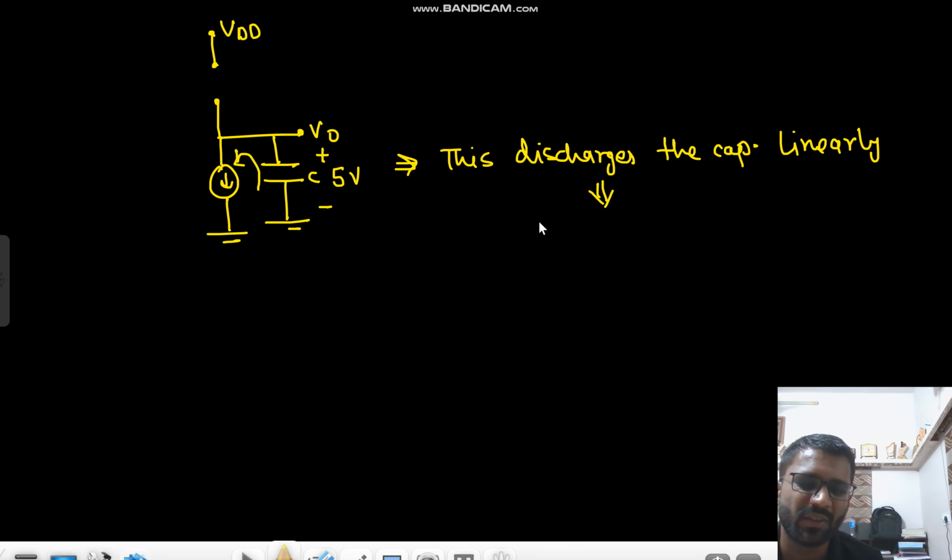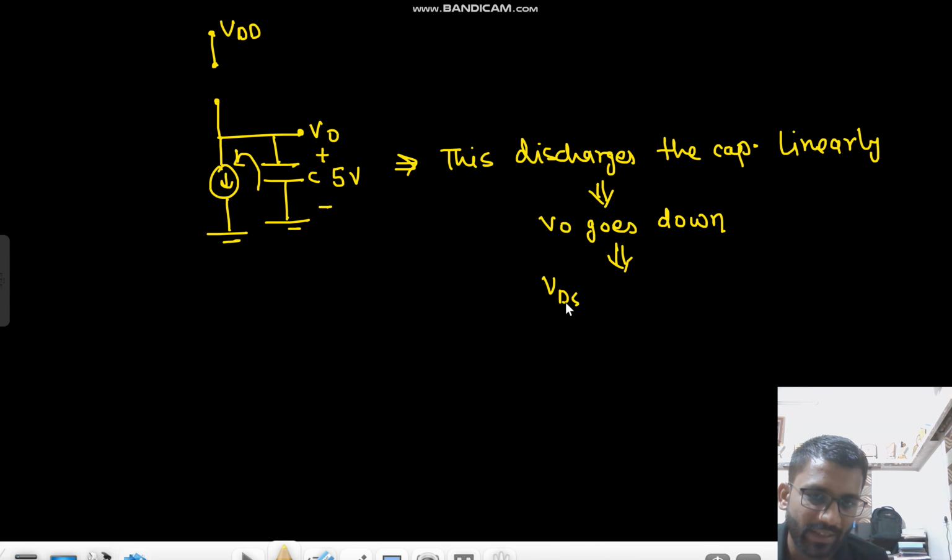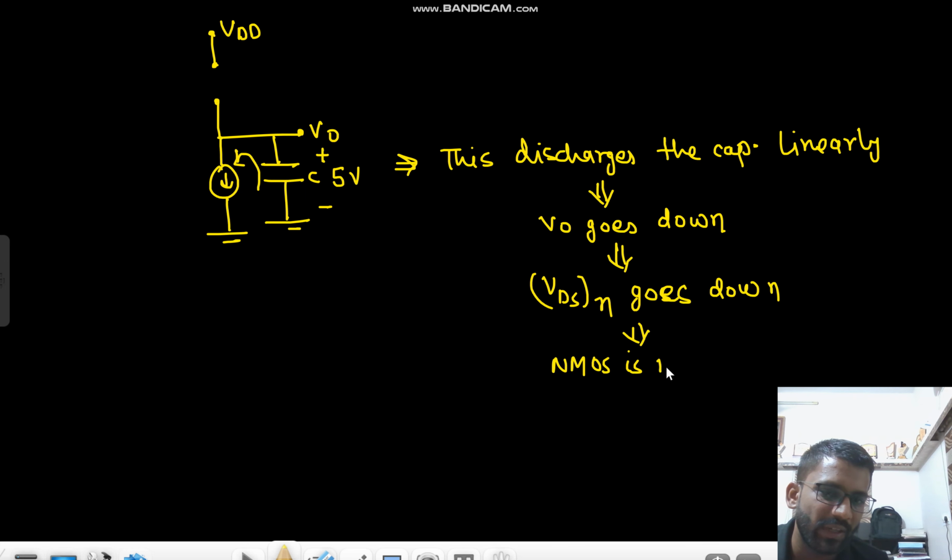That means your V naught goes down. So VDS for NMOS goes down. If it goes down, that means NMOS is moving towards what? Linear region.